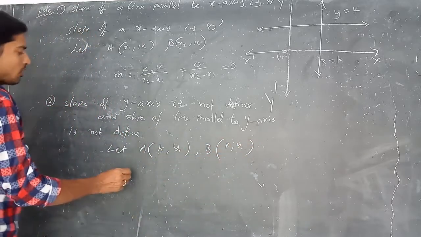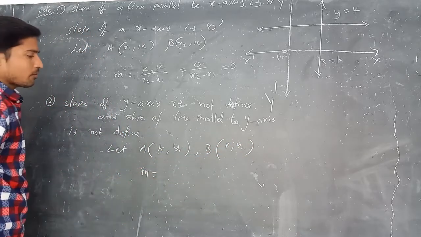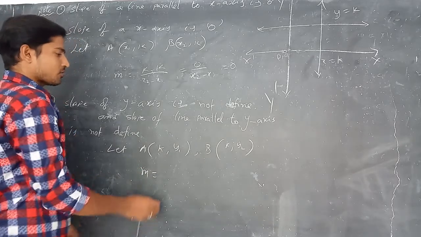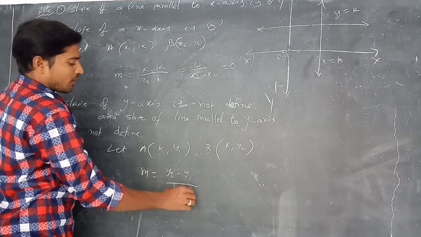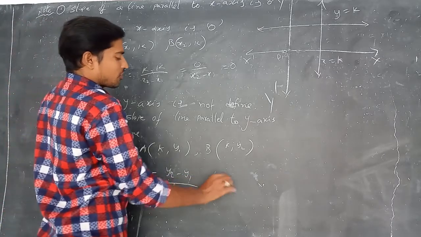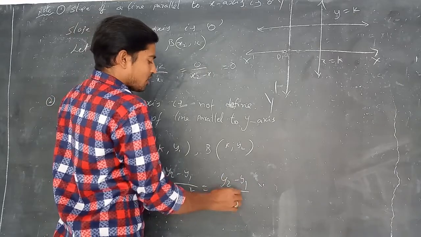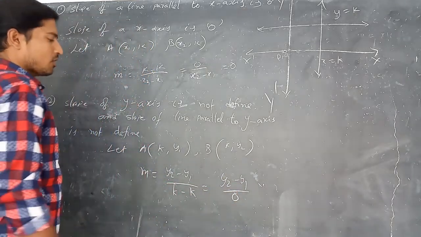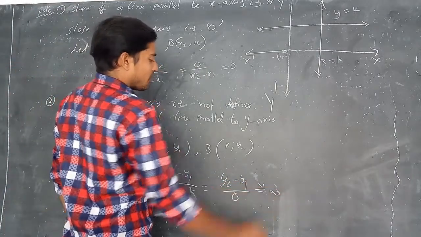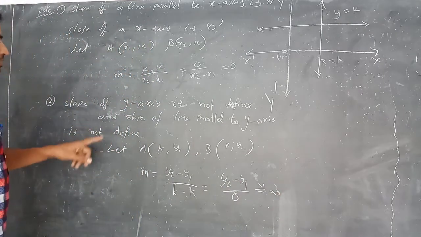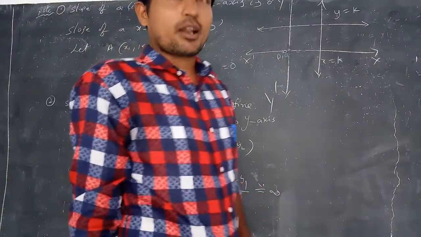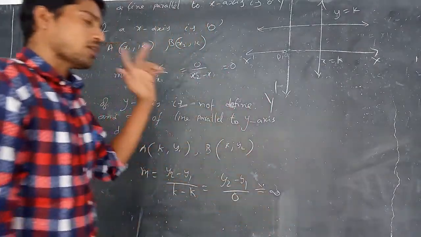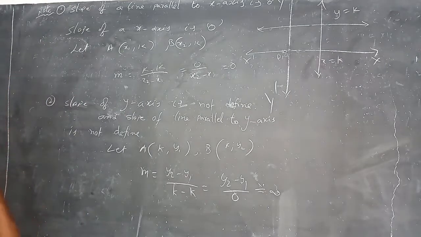Then slope m equals the difference between y coordinates, y2 minus y1, by x coordinates, k minus k, which is y2 minus y1 by 0. Something by 0 is not defined, which is infinity. Because of that, the slope of y-axis is not defined, and at the same time the slope of a line parallel to y-axis is also not defined. Right? Next.